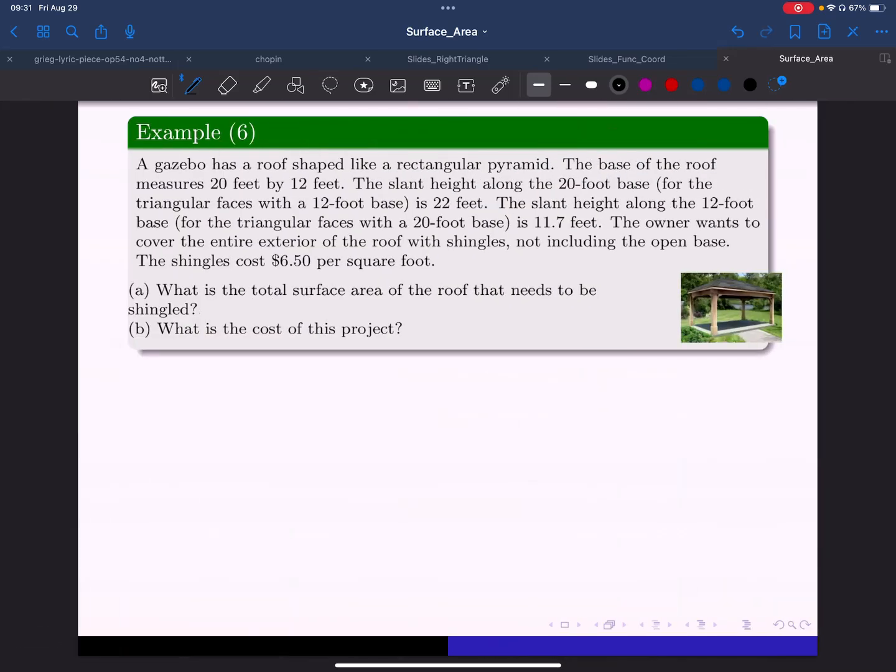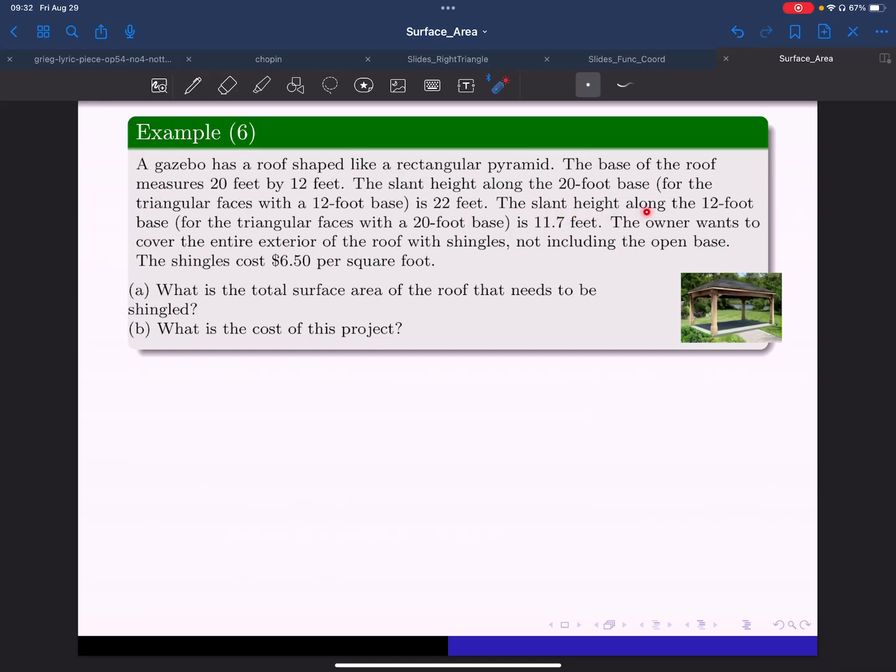Example 6. A gazebo has a roof shaped like a rectangular pyramid. The base of the roof measures 20 feet by 12. The slant height along the 20-foot base, for the triangular surface with a 12-foot base, is 22.